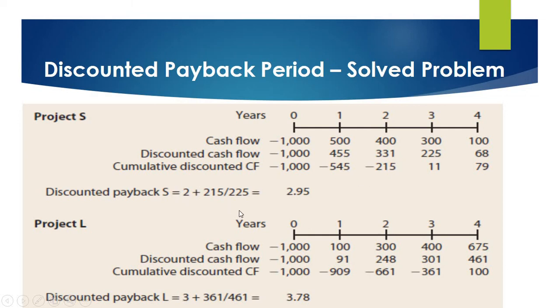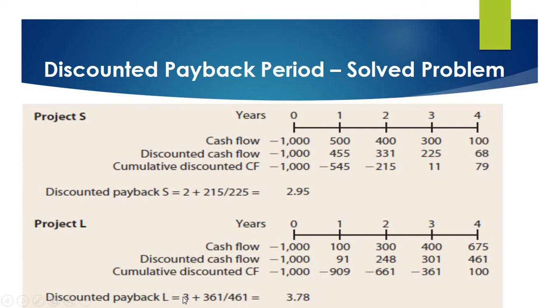So 2 plus the last uncovered discounted cash flow, which is 215, divided by the discounted cash flow at year 3, when the cumulative cash flows become positive, which is 225. So 215 divided by 225 gives 2.95 years.